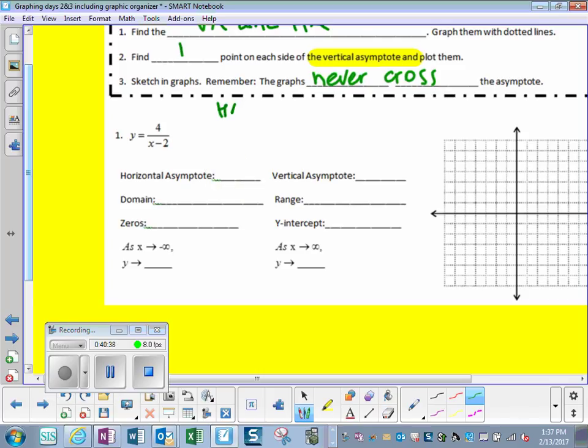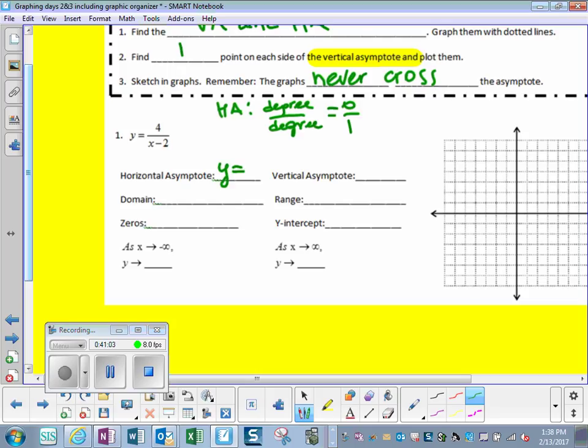But for horizontal asymptote, degrees are... Yes, so degree over degree is 0 over 1. I have a 0 degree polynomial on the top, 1 degree polynomial on the bottom. The smaller degree on top means that my horizontal asymptote is what? Y equals what?